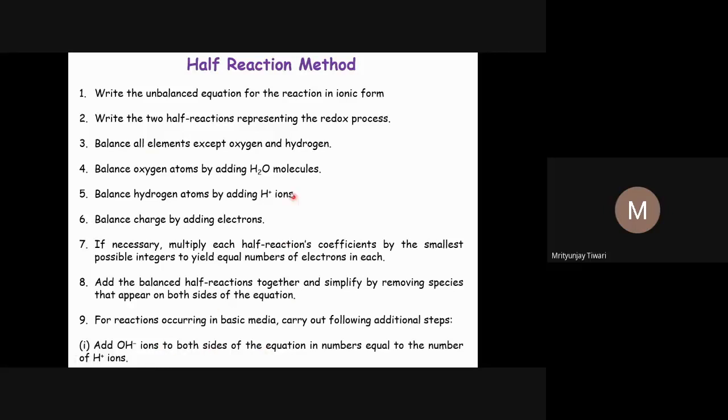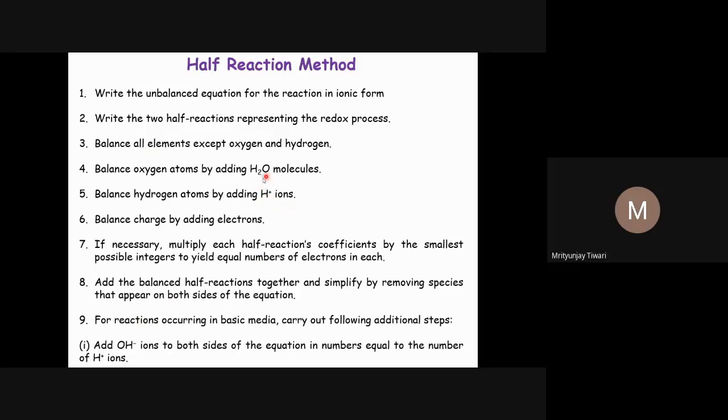So we add H plus ions, and after that we add the same number of OH minus ions to both the right hand side and left hand side. And we know that in basic solutions OH minus ions are in excess, H plus ions are not in excess.